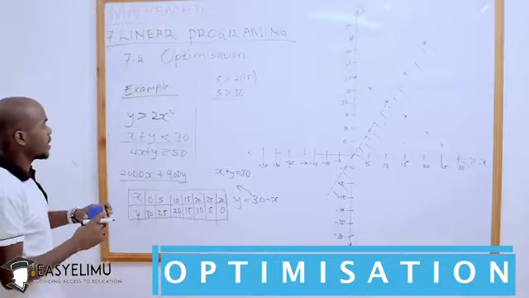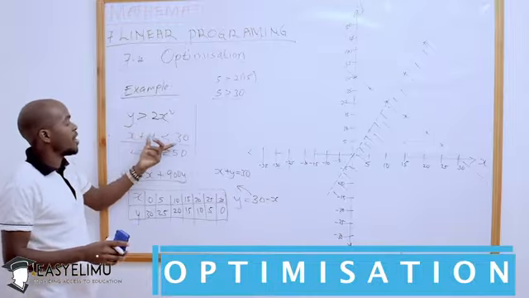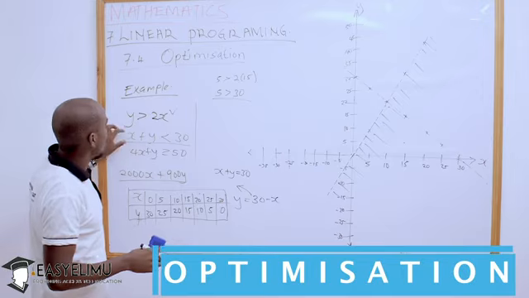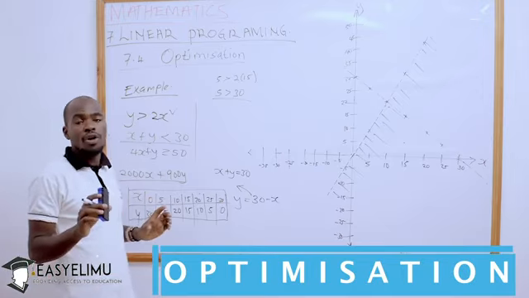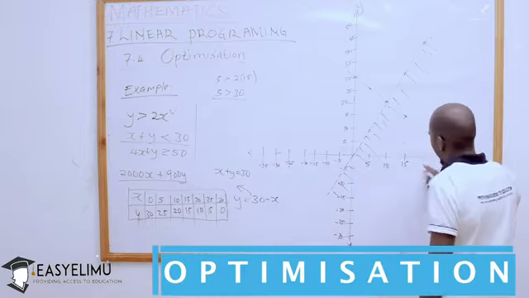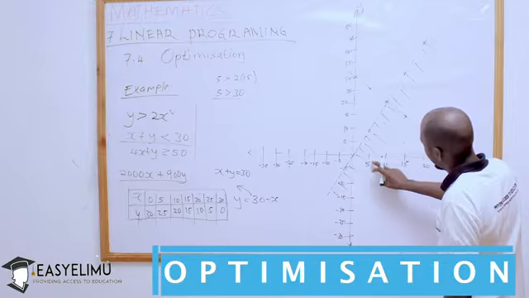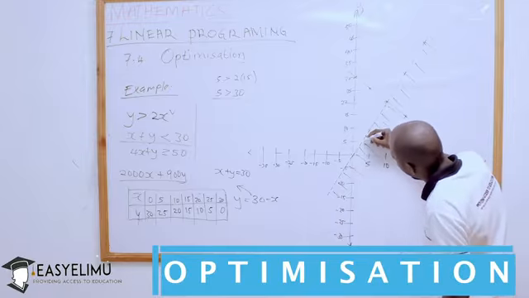Now I need to identify this linear inequality. I will select one point which is on one side of the line. I can take a point like 5, 5, a point here.